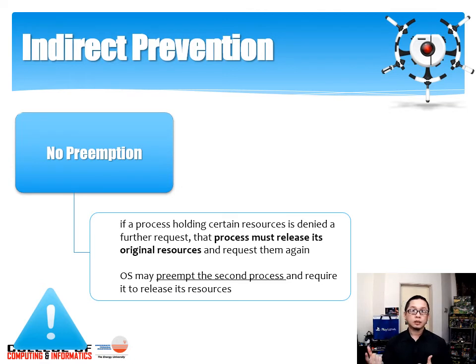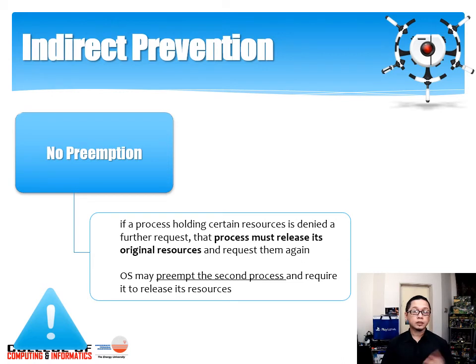But currently, P2 is holding resource B, hence P1 cannot continue. So in this case, P1 must release resource A that it is currently holding, regardless of whether P2 needs it or not. So if you request another resource but you cannot get it, then the current one that you're holding, you must release it.